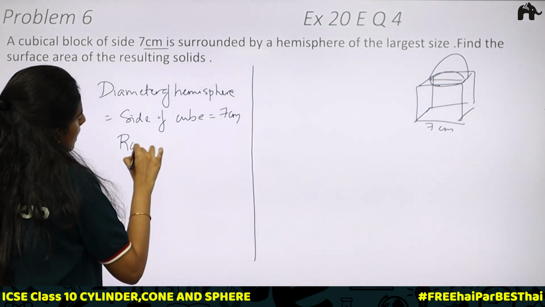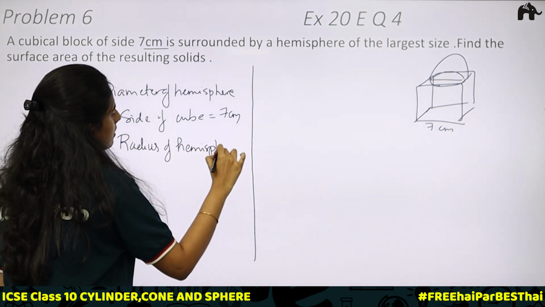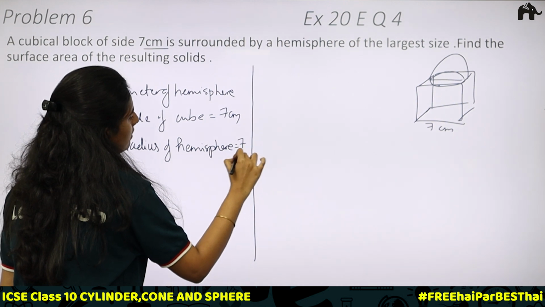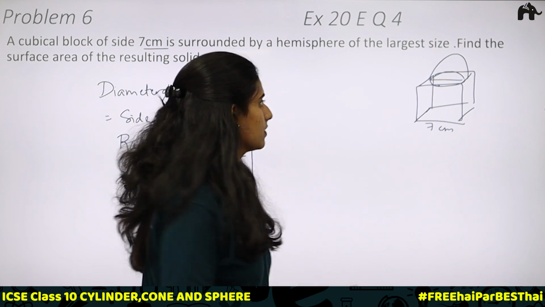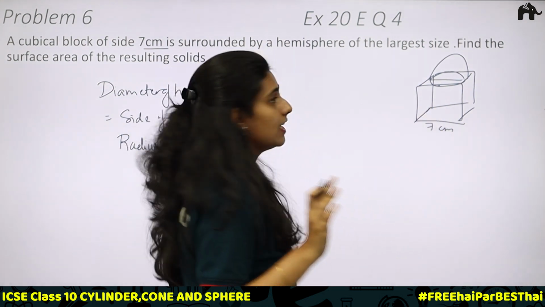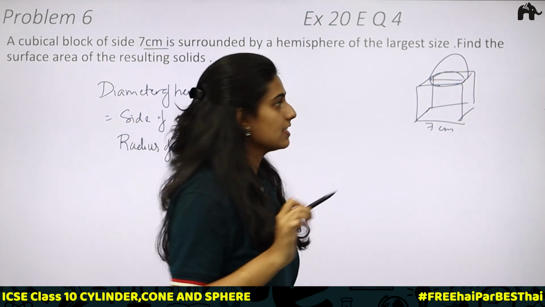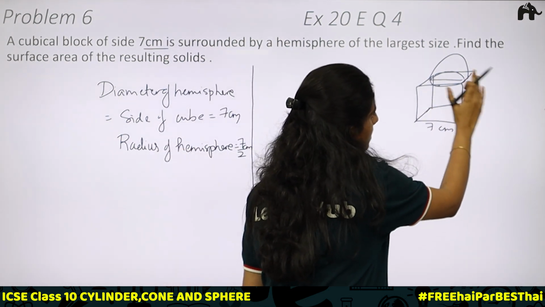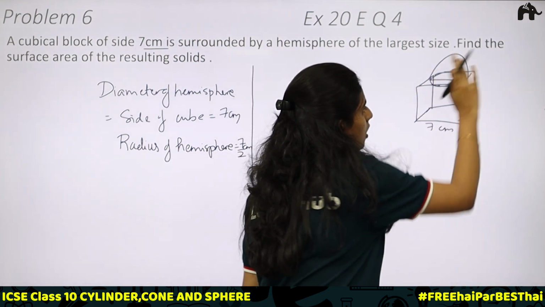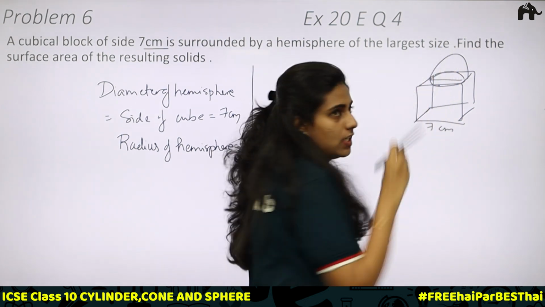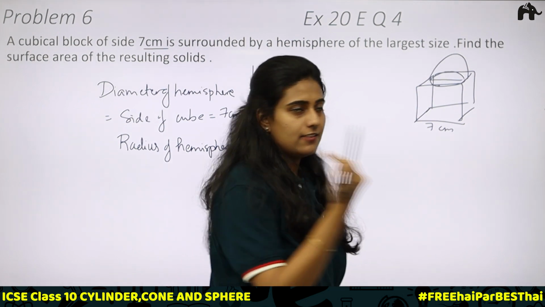So we'll be having radius of hemisphere equal to 7 divided by 2 centimeter. Now we need to find the surface area of the resulting solid. To get the surface area, just look at here. We have 6 faces for the cube. You should exclude the top face because there you have a hemisphere coming. You have the base and the 4 side faces.